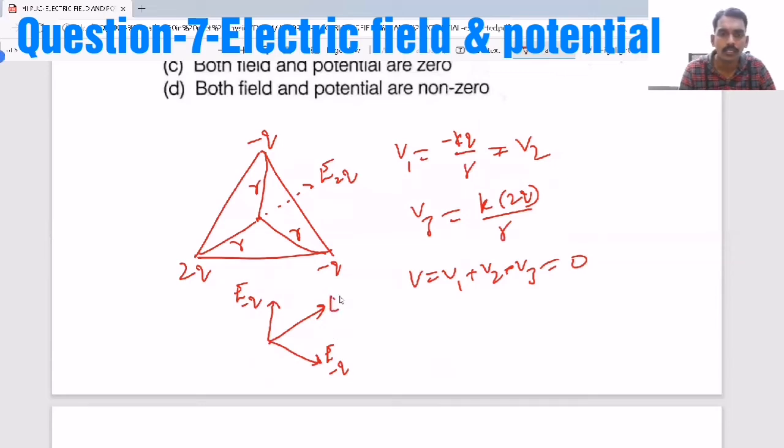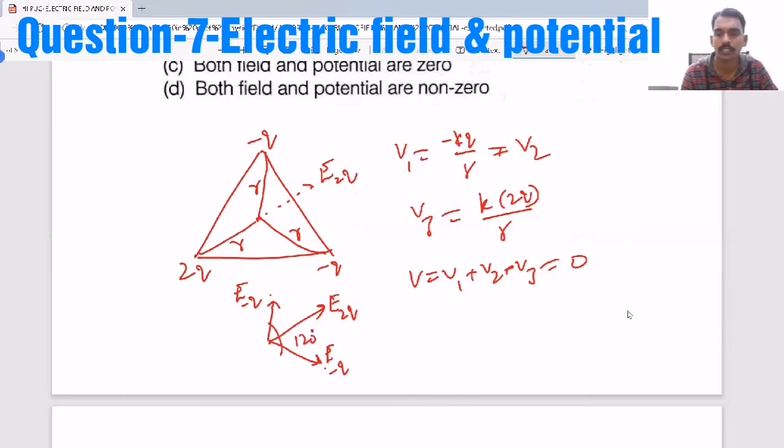So here three vectors are there. Now you have to find the resultant. First you have to take these two, E minus Q, both are same, so the resultant will be exactly in between them, and the angle between them is 120.